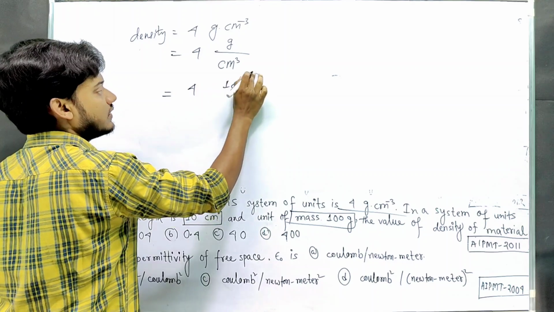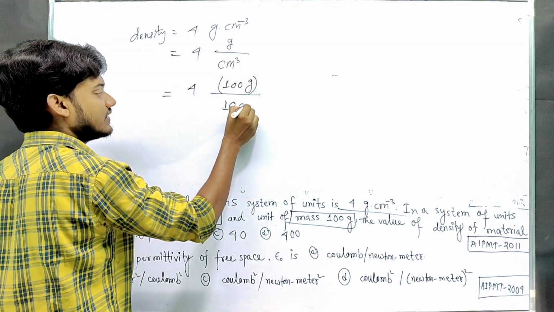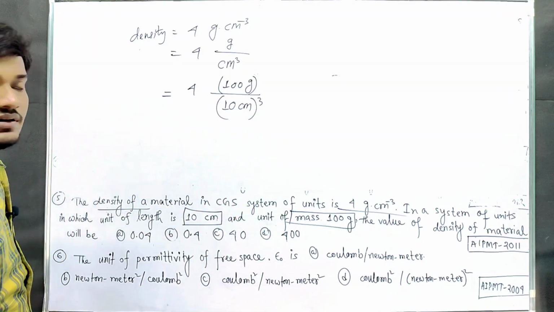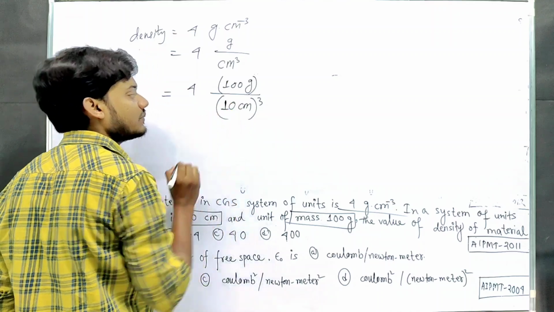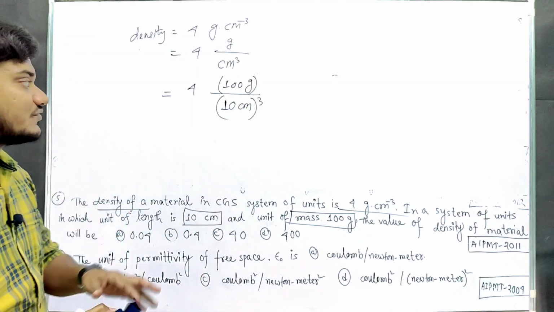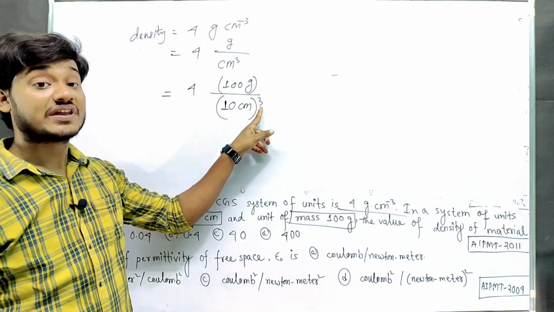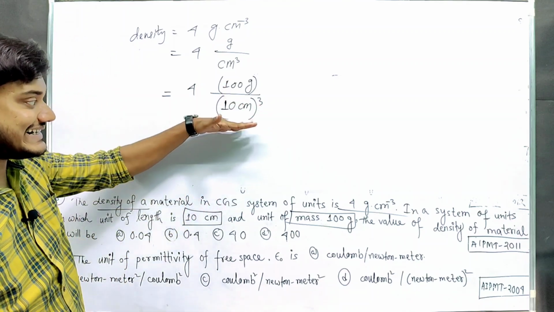And cm equals 10 cm, cube, so let's write it cube. Here we have to see what extra we have written. Let's find it. 100 gram, 10 cube equals 1000, so there is 10 extra.